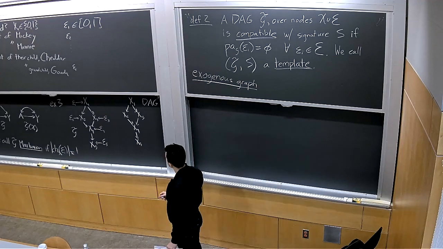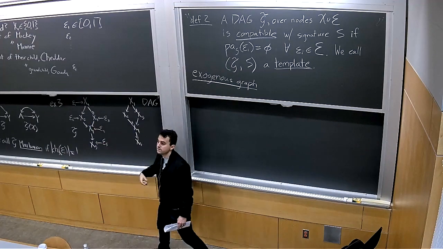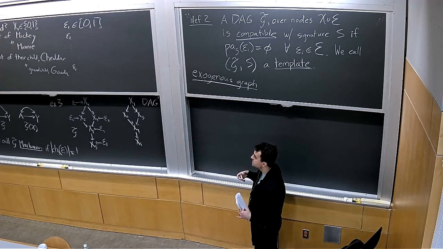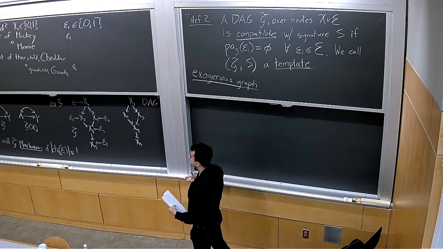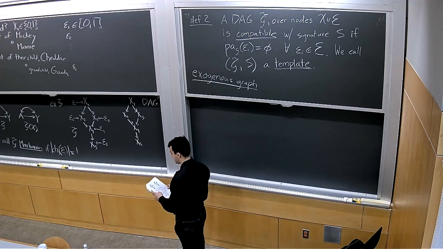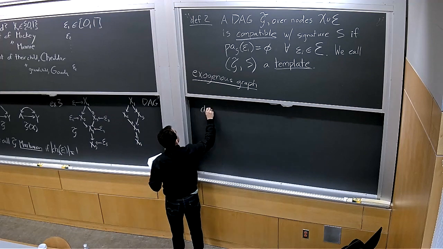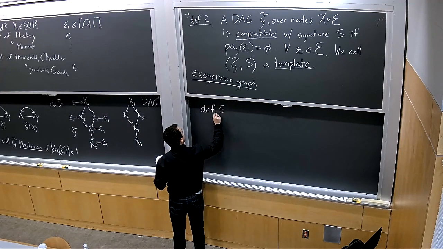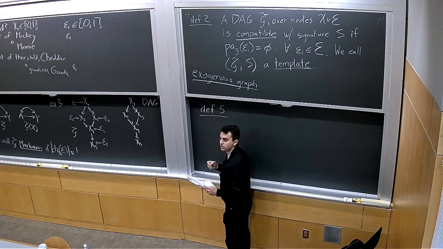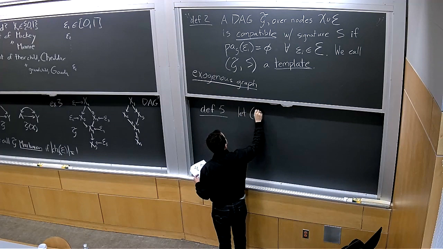So the idea is that for each of the variables in my system, at least each of the endogenous variables, I'm going to introduce a function telling me how that variable takes on its values in terms of the other variables. So that type of function is what we're going to call a causal mechanism. So I'll start off with some template.